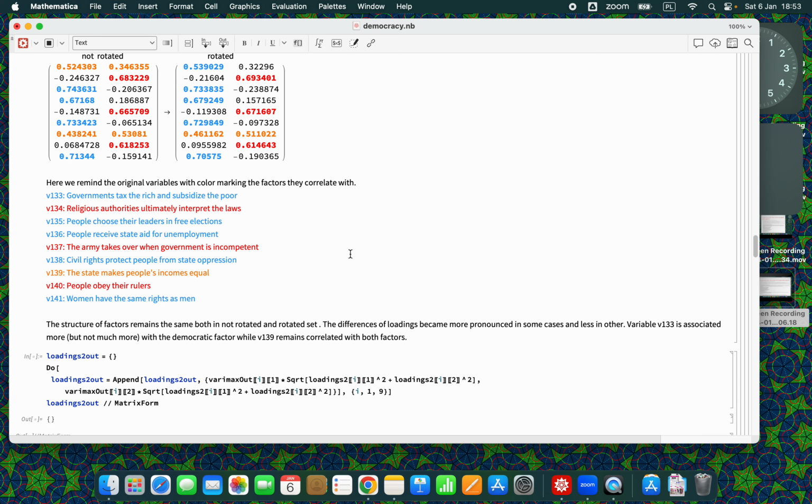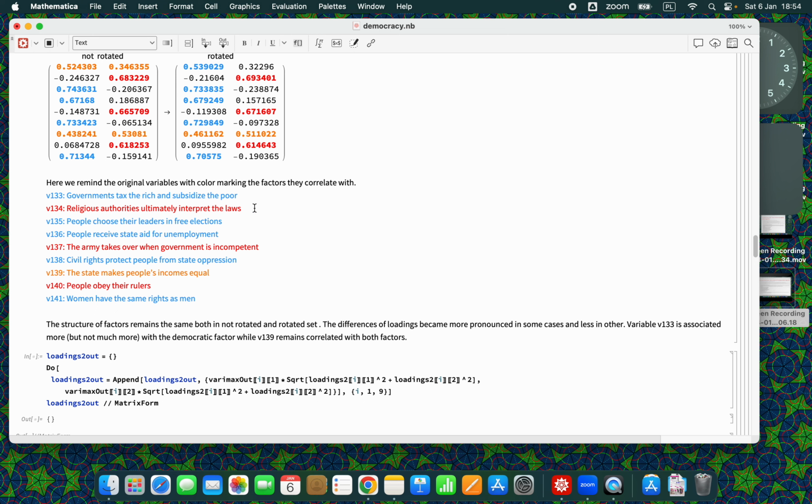And you see that the first factor can be named democratic, because these are statements like governments tax the rich and subsidize the poor, people choose their leaders in free elections, people receive state aid for unemployment, civil rights protect people from state oppression, and women have the same right as men. And there is also this ambiguous thing: the state makes people incomes equal.